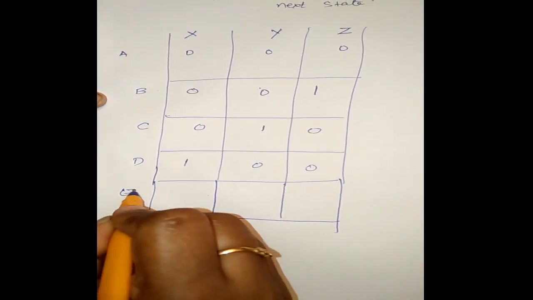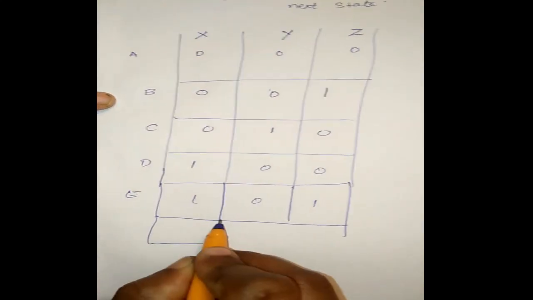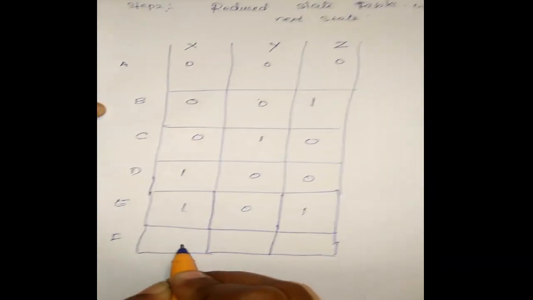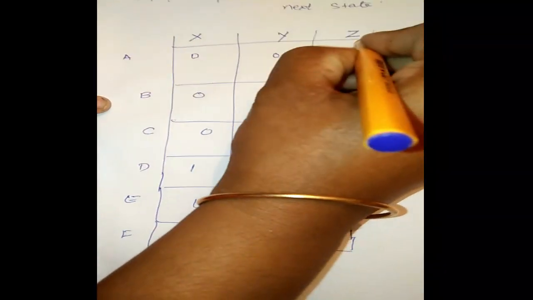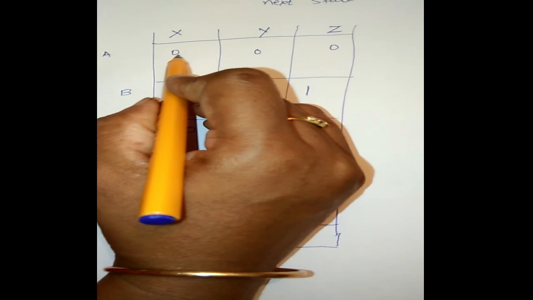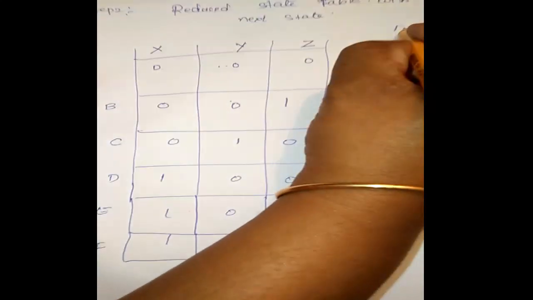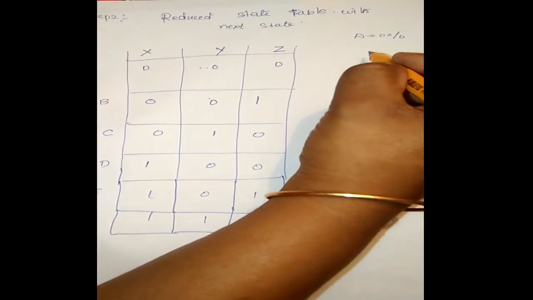So E is 1, 0, 1, and our F is 1, 1, 1. Dear students, this was exactly from the previous table. Now we know that the input of A is 0, 0, right? So when the input of A is 0, 0, its output is 0 here, right?